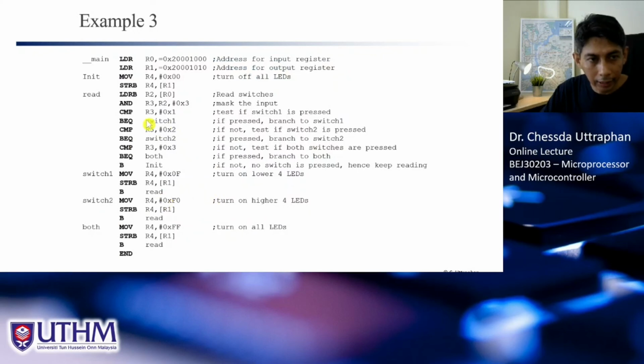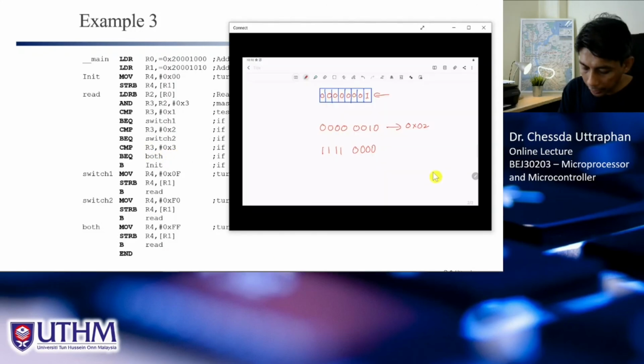But again, if it is not equal to 2, maybe both are pressed. So we check whether both are pressed or not. To check whether both are pressed, we compare with 3. Again, because 1 1 means both are pressed, and this is 3.